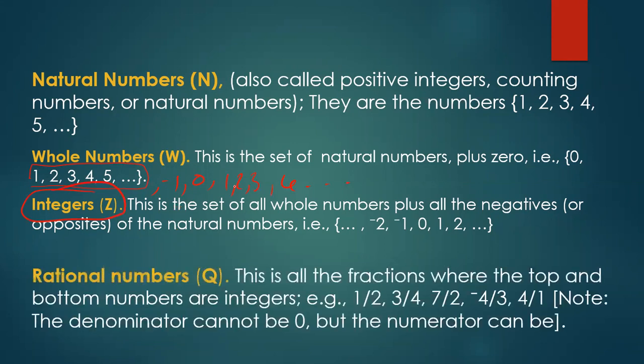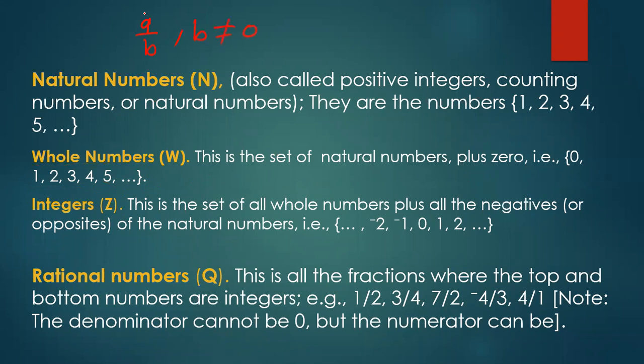Okay, so we also have this very interesting set of numbers, which is the rational numbers. Rational numbers are simply numbers that can be expressed in a fraction form, where the denominator is not equal to 0. So what do I mean? Any number that you can express in the form a over b, where b, which is the denominator, is not equal to 0, is known as a rational number.